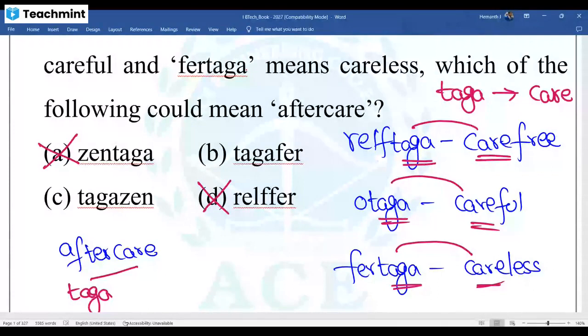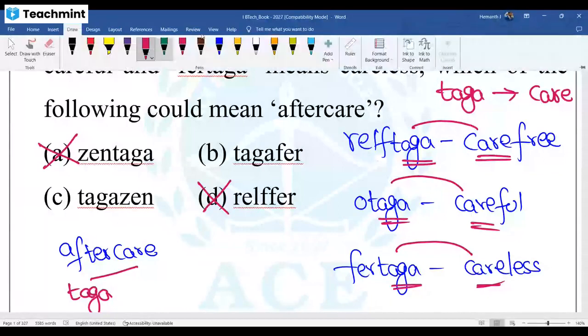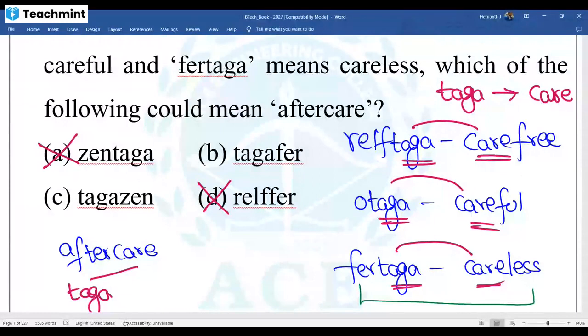What is the other word apart from free? Free is there, full is there, less is there. FER means less. Here FER is there, it's not for "after". "After" is a new word, I want a new code for that. "After" is not there in the given question.